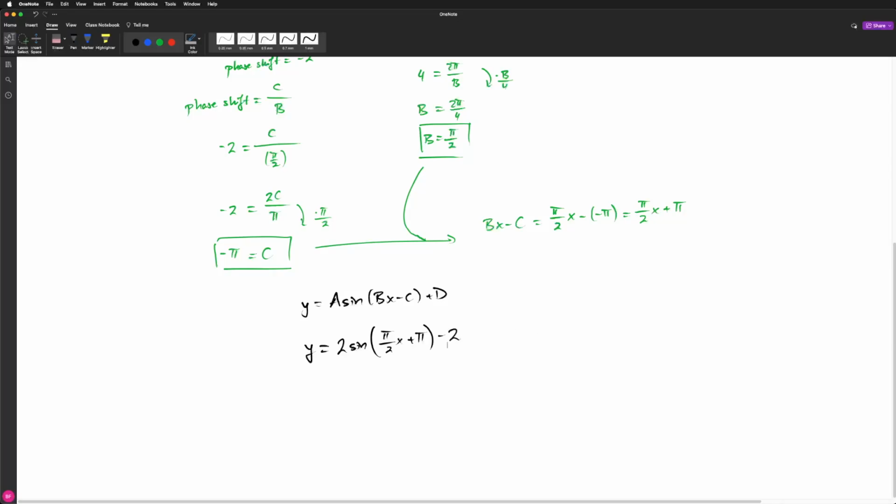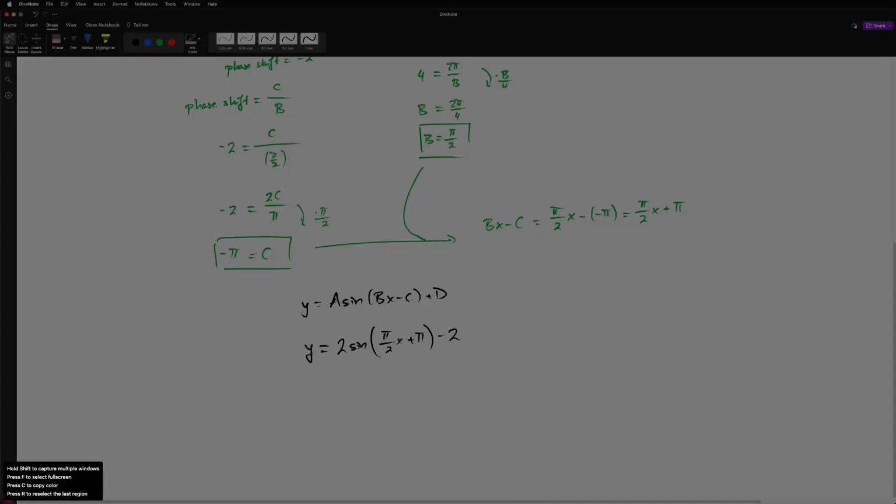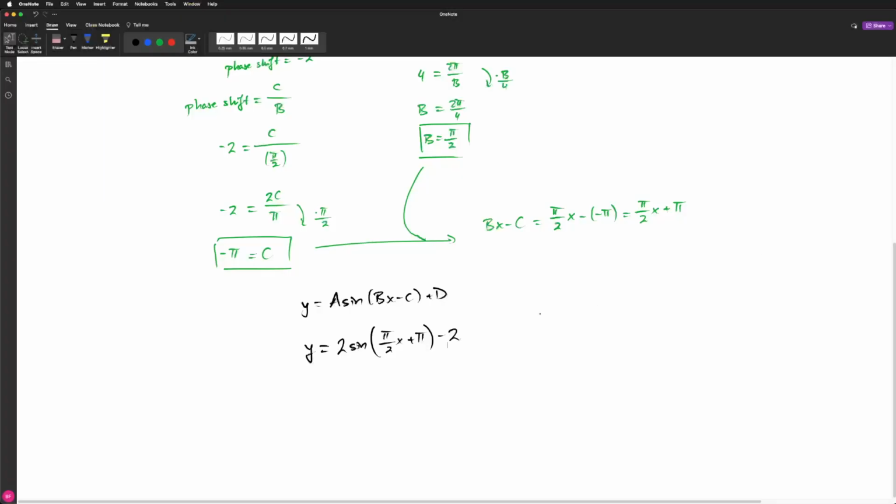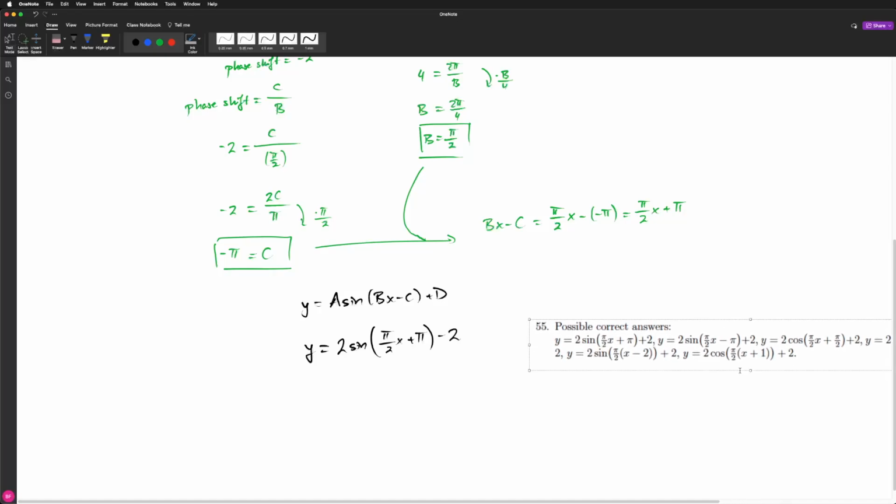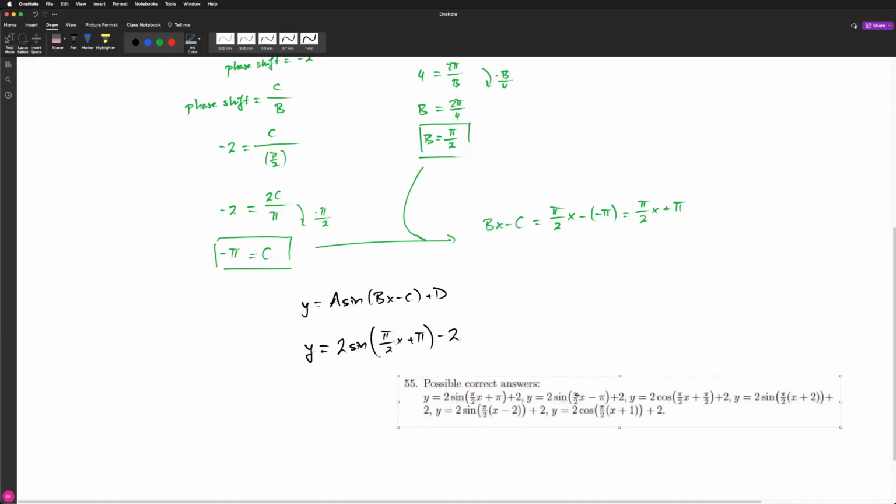Let's see if this is one of the answers. There are infinitely many correct answers because of the period and cofunction properties. Possible correct answers. What do we see? The first one is our answer.